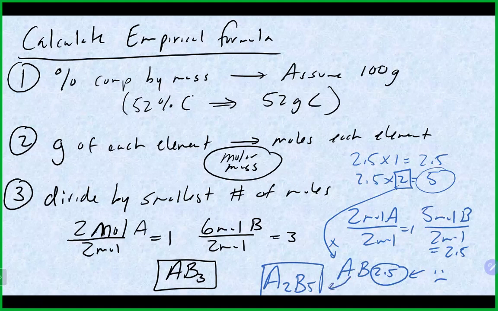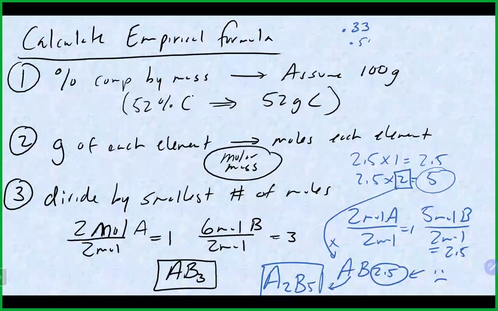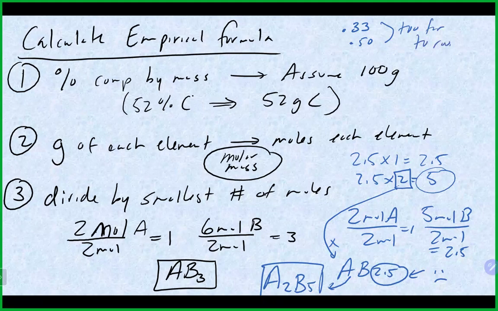So common endings that you do come across a lot that are too far to round are 0.33, 0.5, maybe a 0.25 or a 0.75. If you got these, really in a textbook type problem, if it's not super close to that whole number, you really shouldn't be rounding.